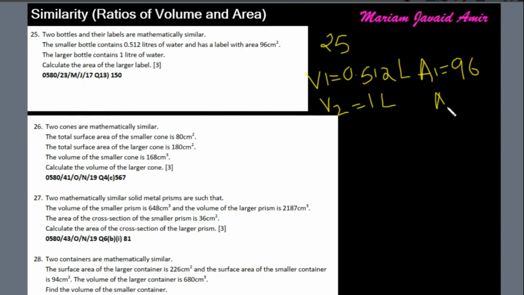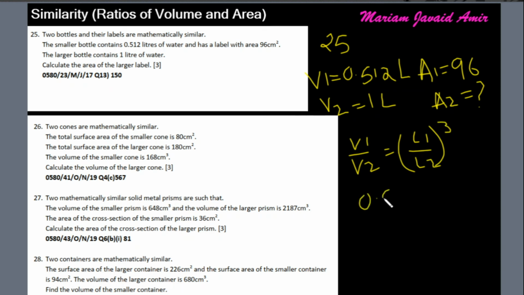And A2, we are not given any information about A2. Calculate the area of the larger label, so we need A2. So what do we do now? We don't have any formula that connects V1 over V2 with A1 over A2. We know V1 over V2 equals L1 over L2 whole cube. So let's work on this first.